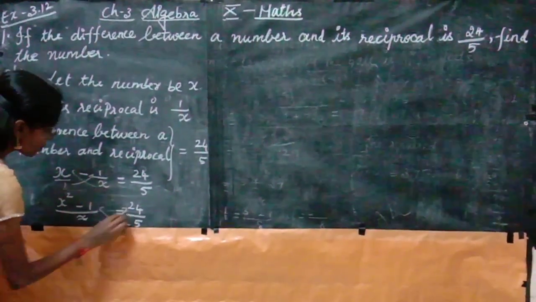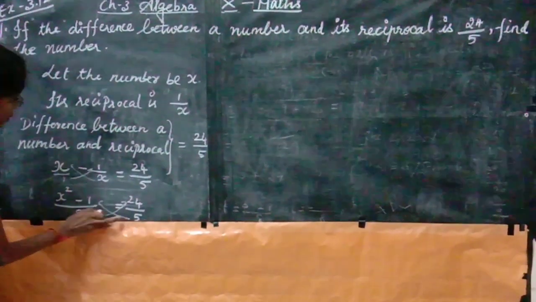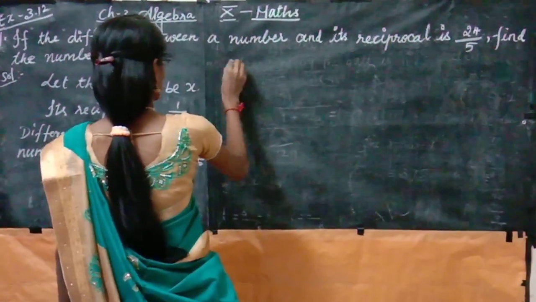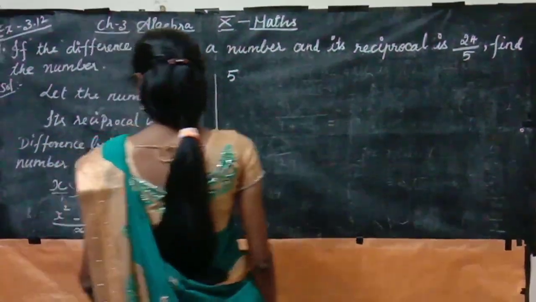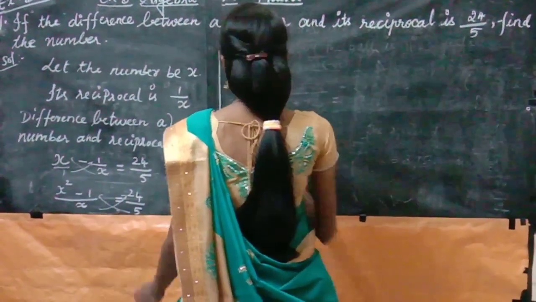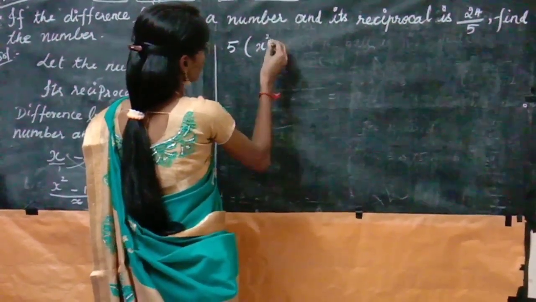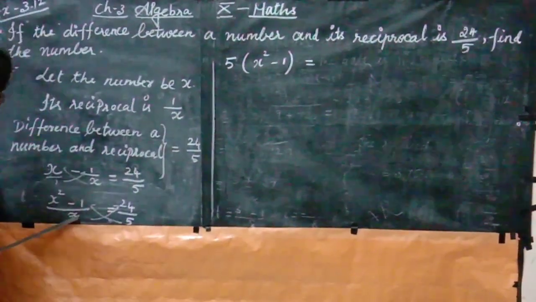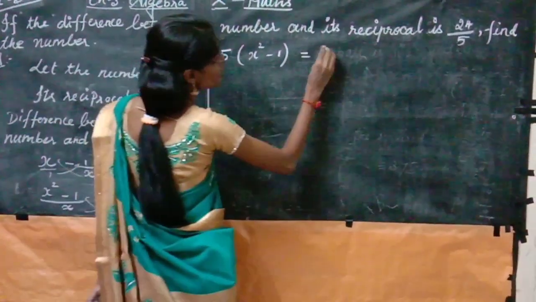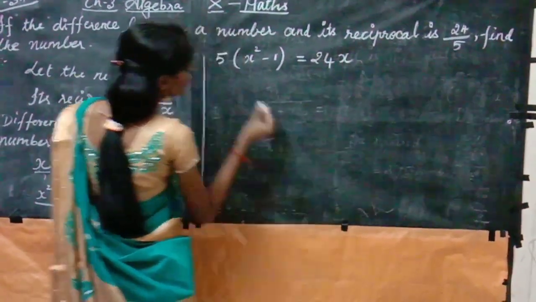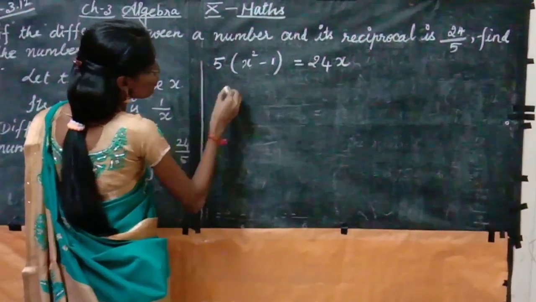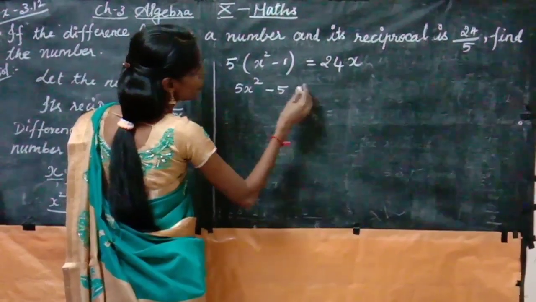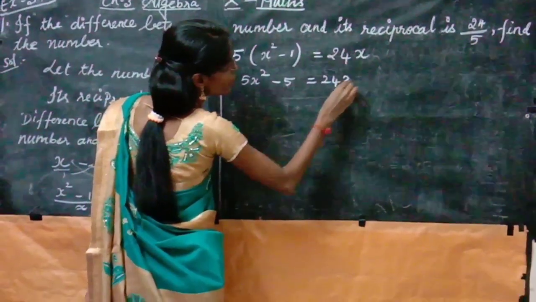Again, cross multiply: 5 into x square minus 1 is equal to 24 into x, 24x. 5 into x square, 5x square minus 5 into 1, 5, is equal to 24x.